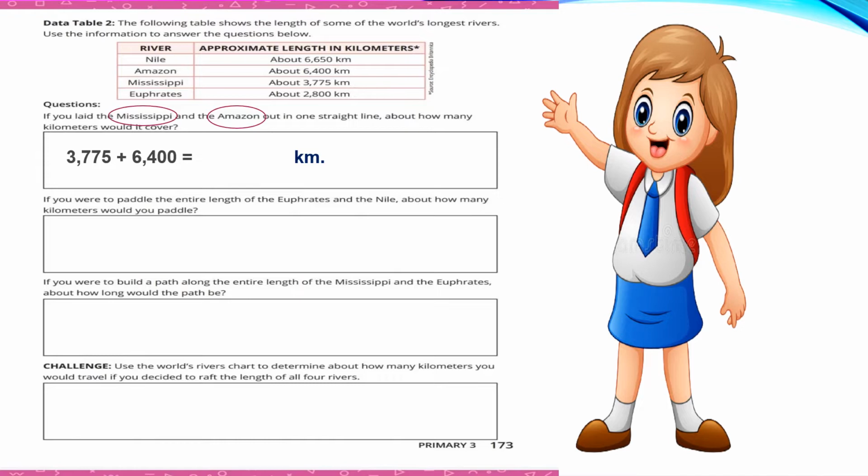Ones with ones, 5 plus 0, 5. Tens with tens, 7 plus 0, 7. Hundreds with hundreds, 7 plus 4, 11. 1 and carry up 1. And don't forget the carry up. 1 plus 3, 4. 4 plus 6, 10.